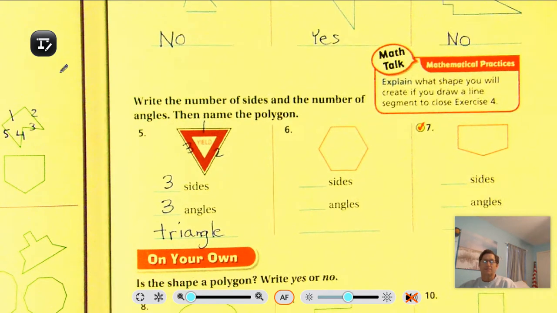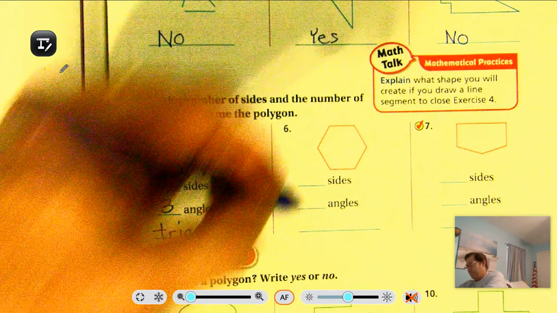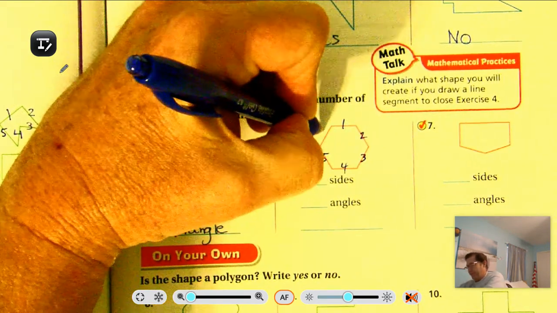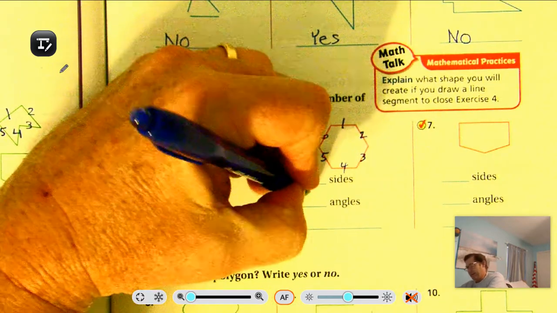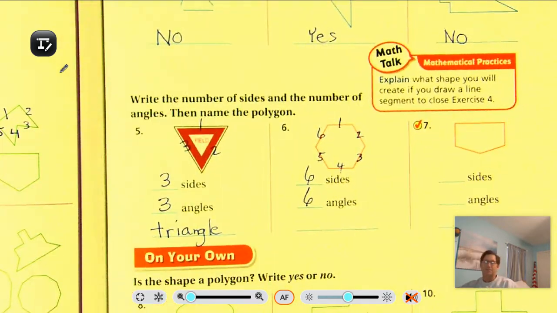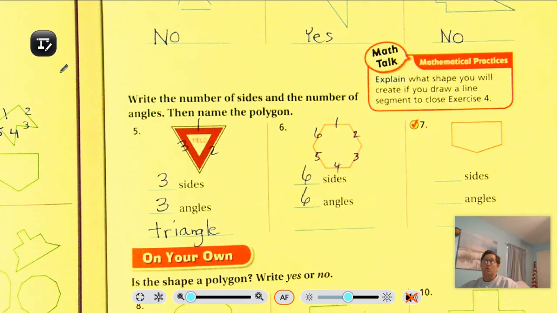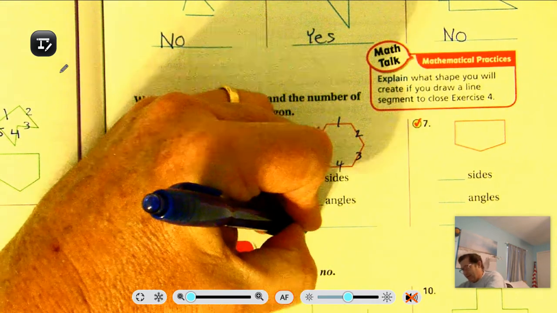How about 6? 1, 2, 3, 4, 5, 6. A 6-sided figure with 6 angles. So 3 is a triangle, 4 is a quadrilateral, 5 is a pentagon, 6 is a hexagon. Hexagon.